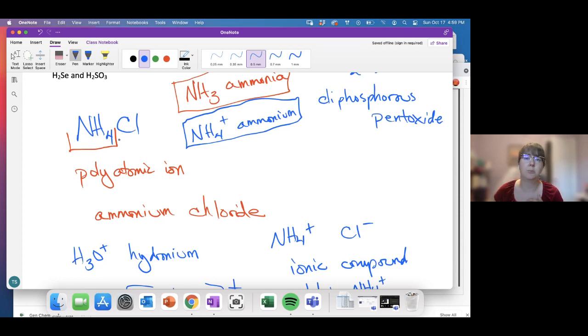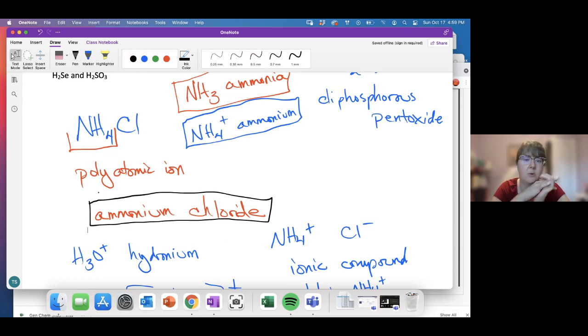It is held together by having a positive ammonium ion and a negative chloride ion. The only correct name for it is ammonium chloride. So if you were to put in a Greek prefix in there, it would be wrong. Because it's held together with electrostatic forces, there's only one way to name it, and you do name it as an ionic compound. So excellent question for clarification, and there's only one name for that, which is ammonium chloride.